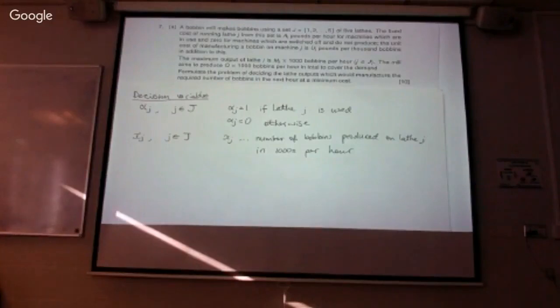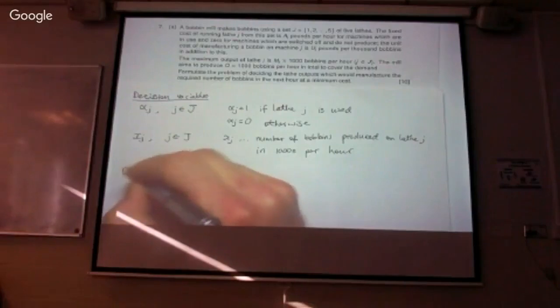So these are the decision variables. What is the objective?